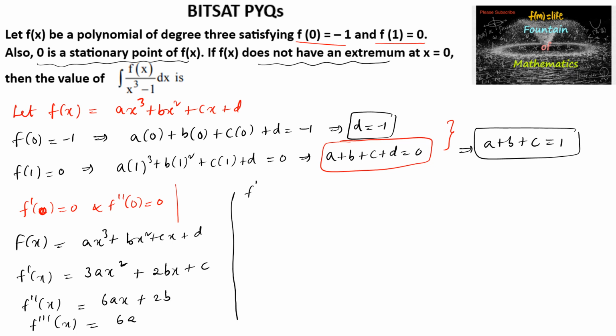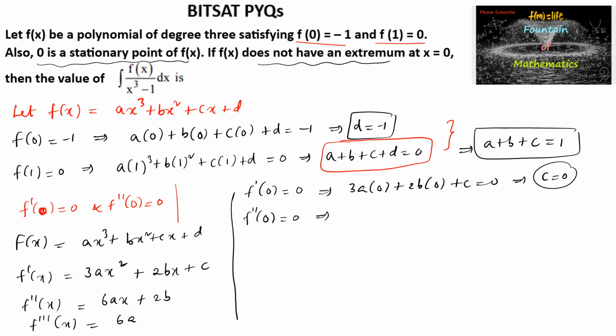So f'(0) is equal to 0, which implies 3a·0 plus 2b·0 plus c is equal to 0, so c is equal to 0. Similarly f''(0) is equal to 0, which implies 6a·0 plus 2b is equal to 0, so b is equal to 0. And we have to make sure that f'''(0) is not equal to 0. Since f'''(x) is 6a, a is not equal to 0.